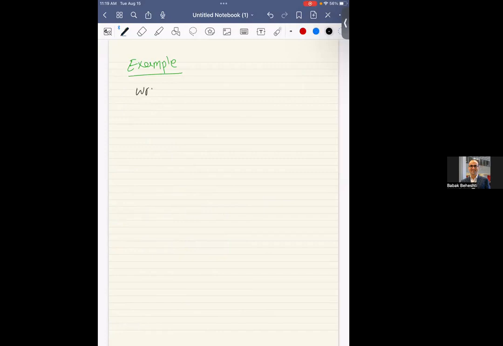So write a sine function with period equal to, for example, pi half, maximum equal to 6 and minimum equal to 2.